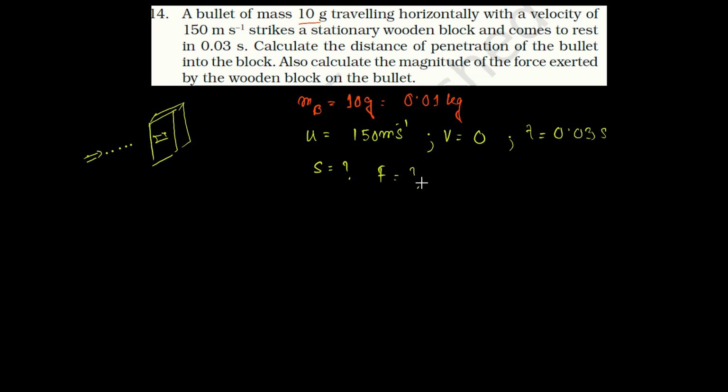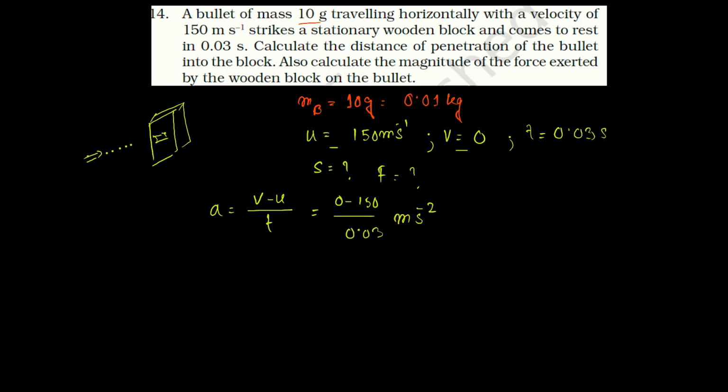First we will try to solve the distance. How will we solve the distance part? We have got V, we have got U. But before that, we'll calculate the acceleration. We are going to need that acceleration to calculate the distance. Remember that. Acceleration A has the formula A equal to V minus U by T. V has value 0, U has value 150, and T has value 0.03, and it will be meter per second square.